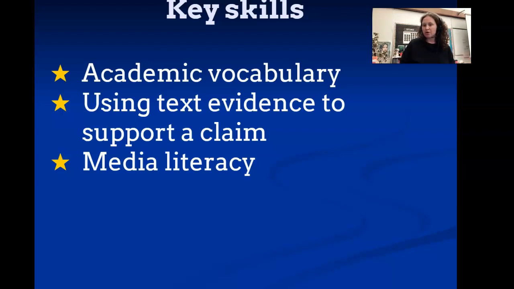Using evidence to support a claim, they worked on that in 7th grade and will continue working on that key skill in 8th grade. And then media literacy. Sometimes the librarian, Karen Kasperzak, will teach the media literacy lesson. Sometimes I will. Just how can we be thoughtful and critical consumers of media and researchers?